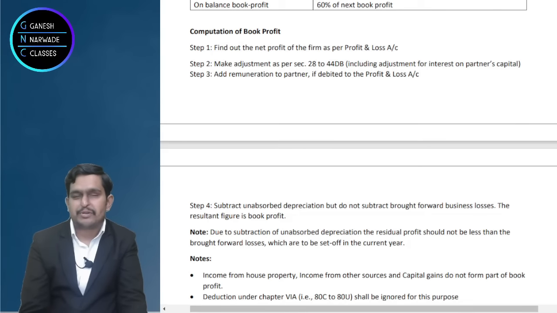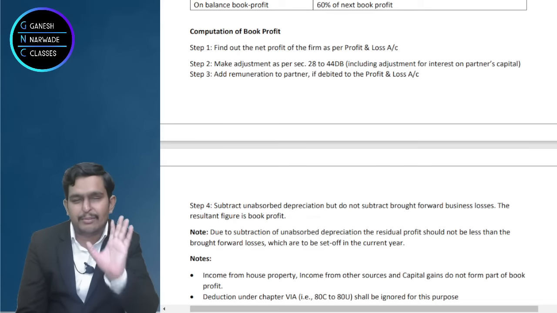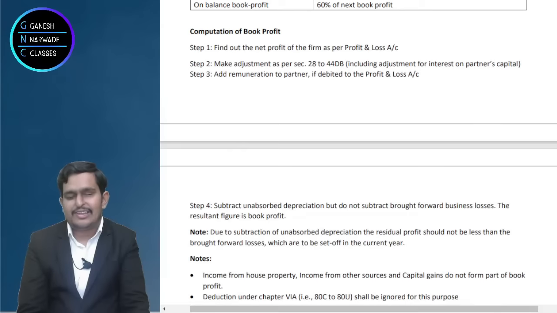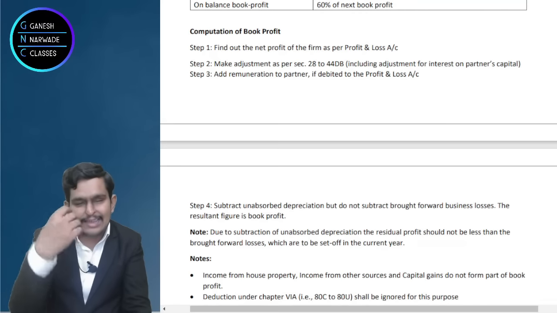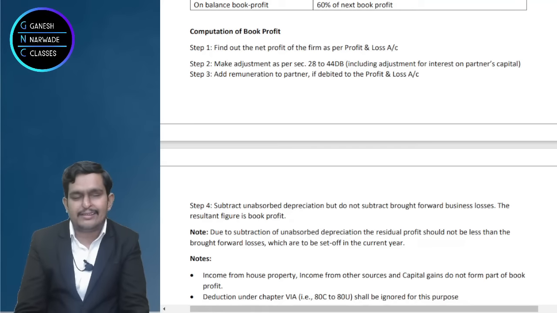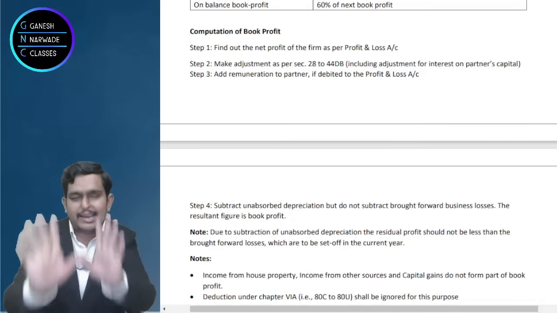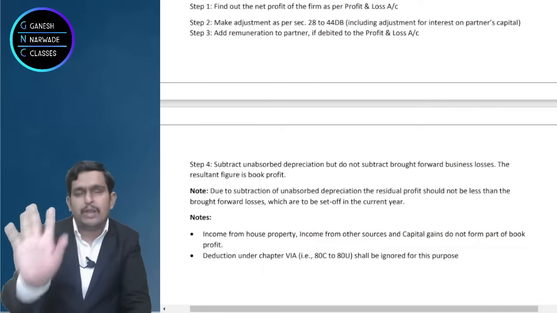Simply ensure you deduct only that much unabsorbed depreciation which ensures that your book profit is not less than the business loss. If you can deduct the entire unabsorbed depreciation and still your book profit is more, then deduct the entire unabsorbed depreciation, no problem.